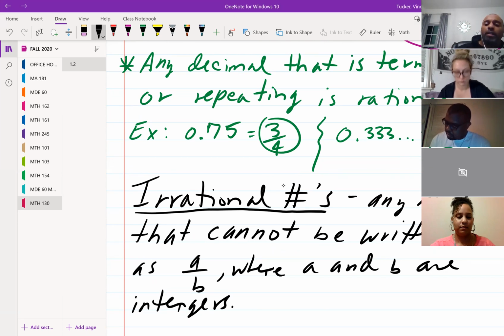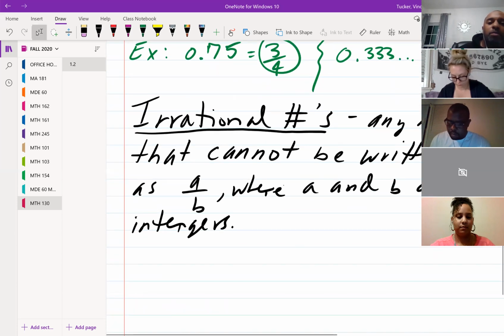So if you cannot write it as A over B, with A and B being integers.